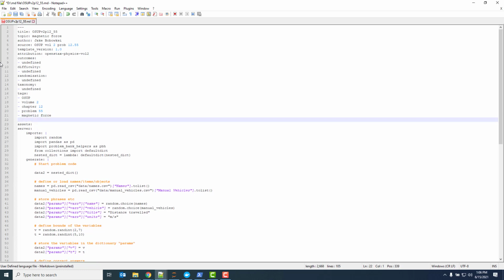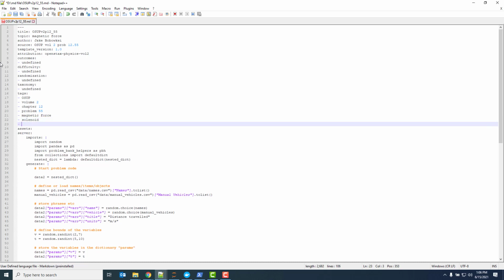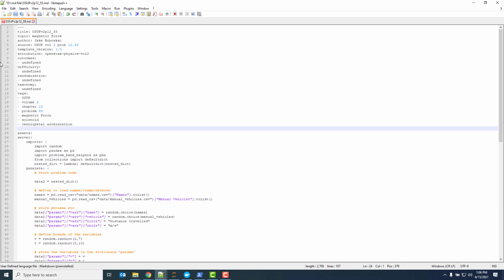The problem involved magnetic force. The magnetic field was produced by a solenoid. The electron inside the solenoid is undergoing centripetal acceleration. And along with that, the electron was undergoing circular motion.